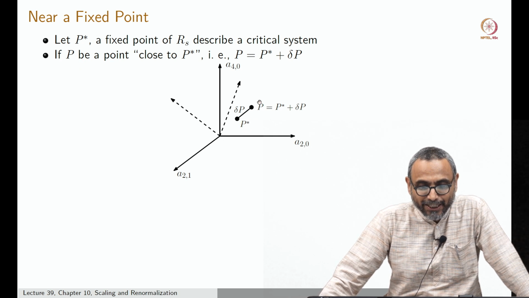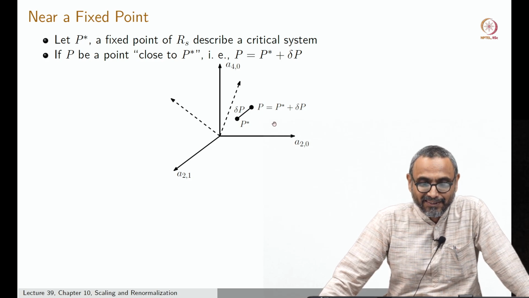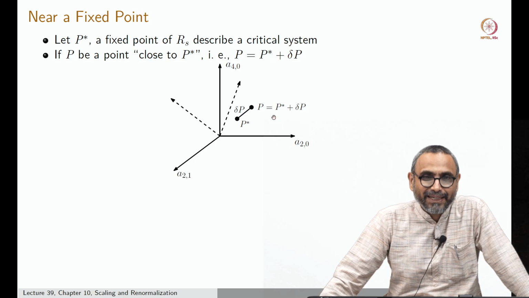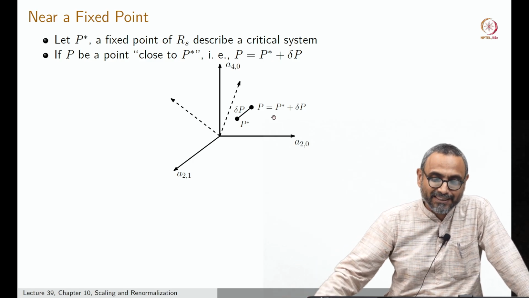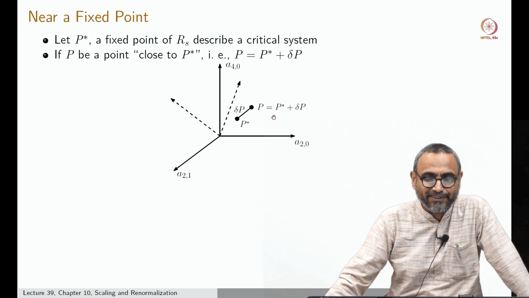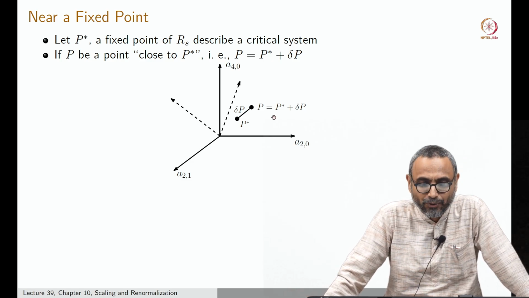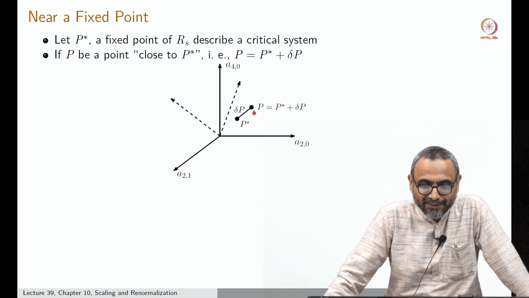We can try to look at a point P which is close to P star. Now, of course, I have not defined any metric or notion of distance in P. So we can go with a more intuitive way of thinking about this. So you can imagine that this point P is some delta P away, and you can imagine the delta P is something small.